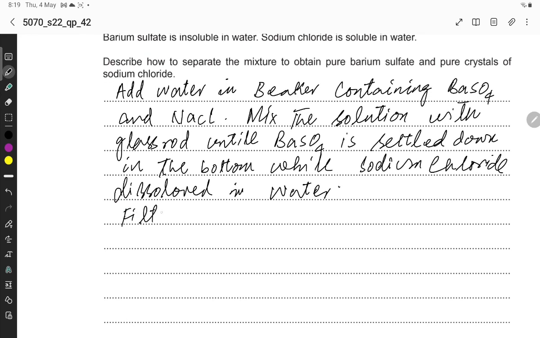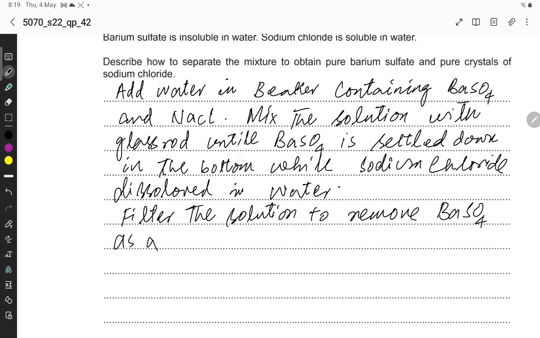Filter the solution to remove barium sulfate as a residue on the filter paper.